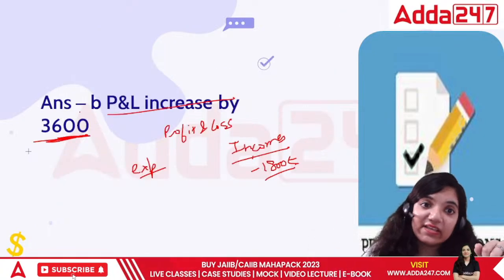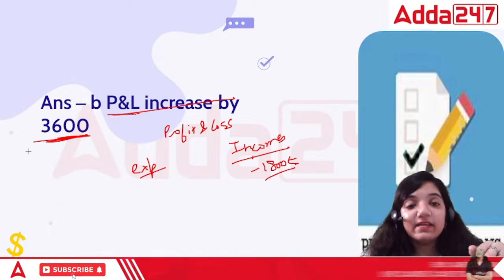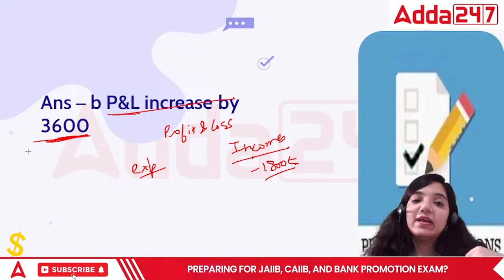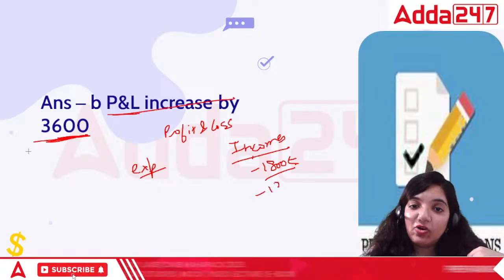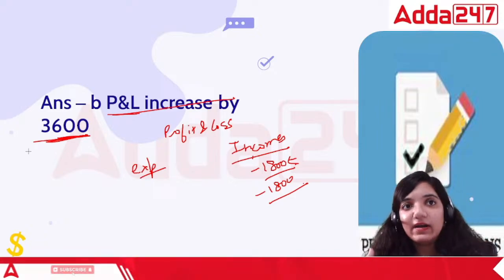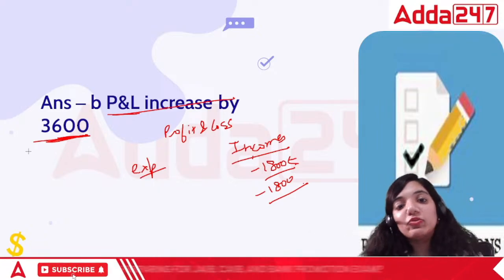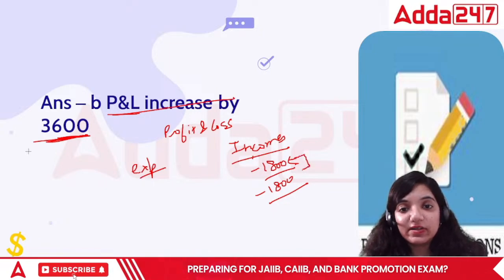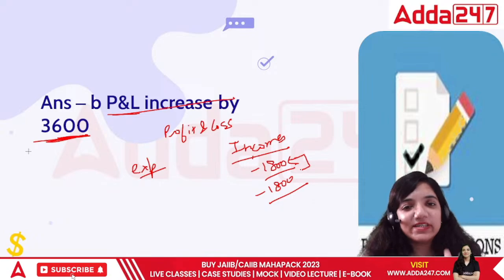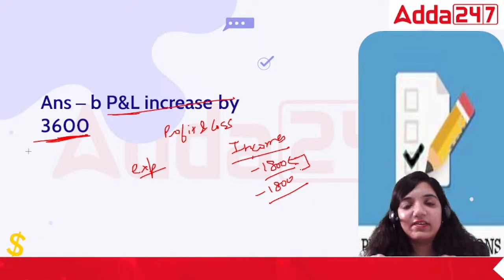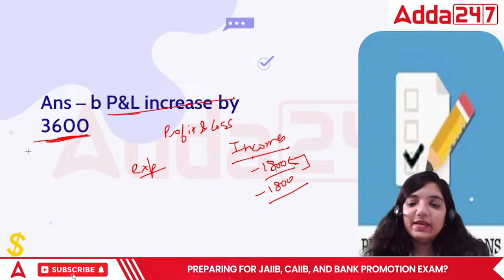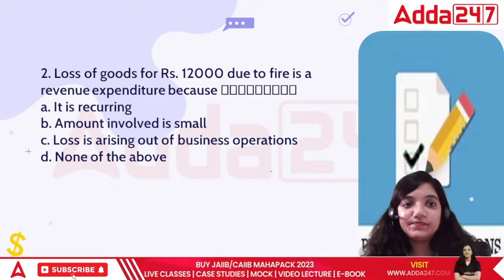In this case, it went up to P&L, or my profit is being shown more by 3,600, because overall my loss is booked less and the money that I was supposed to receive, I have booked more. So there is a total difference of 3,600. Okay, a little trickier question, I believe, but I hope I made it clear regarding the first 1,800 and the second 1,800 as well. Okay, now comes the next question.